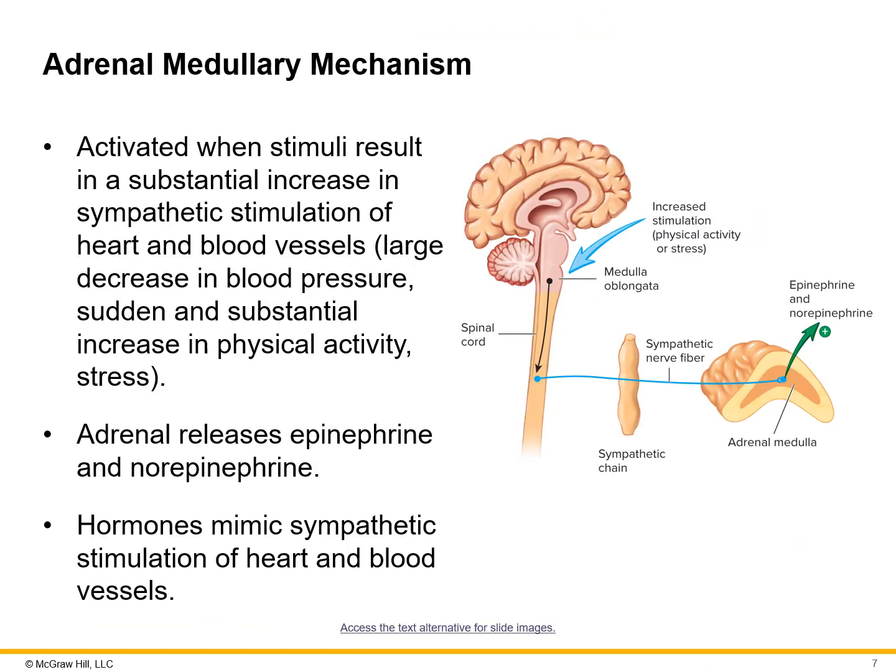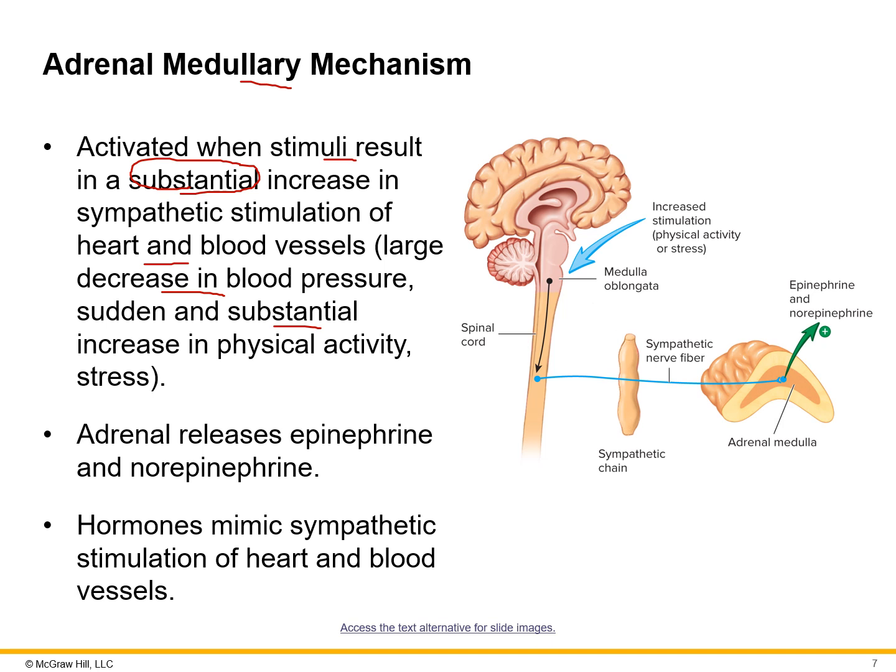All right, so looking a little bit more specifically at that adrenal medullary mechanism. Again, this is activated by a substantial increase in sympathetic stimulation, a huge increase in stimulation of the heart and the blood vessels, such as a huge drop in the blood pressure, sudden physical activity, or stress.